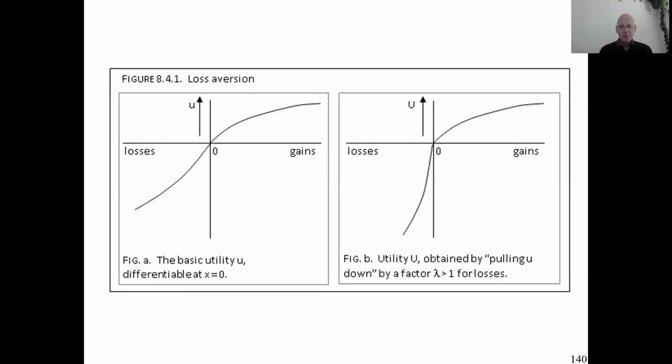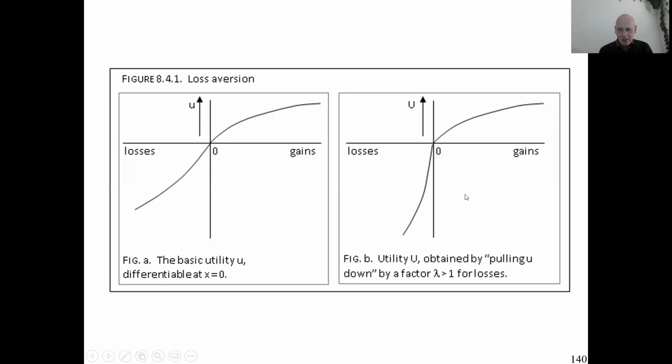Now, here is a figure from the book that depicts what I just told you. I have in mind that basic utility is a rational component of utility. It captures a real value of the outcomes. And it's well behaved, it's smooth, and at 0 it is differentiable. There's no reason why just above 0 or just below 0 the marginal utility would be different. So this is what basic utility is.